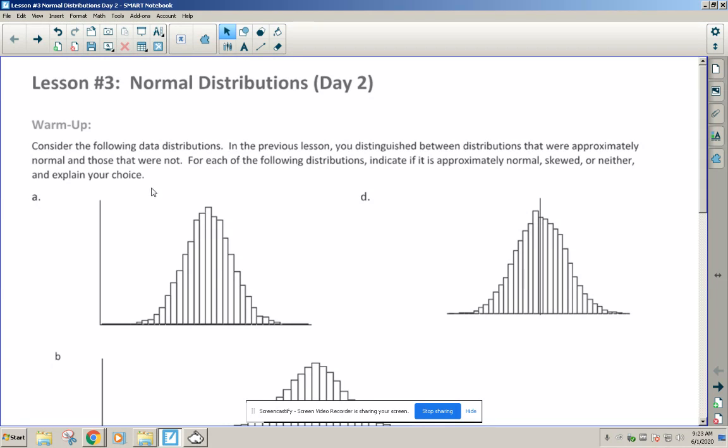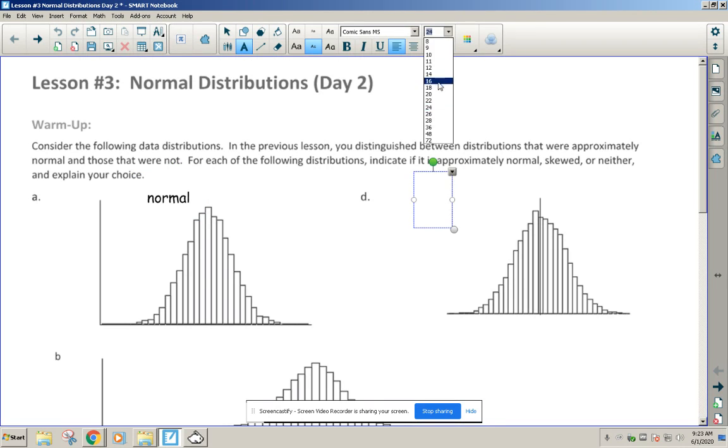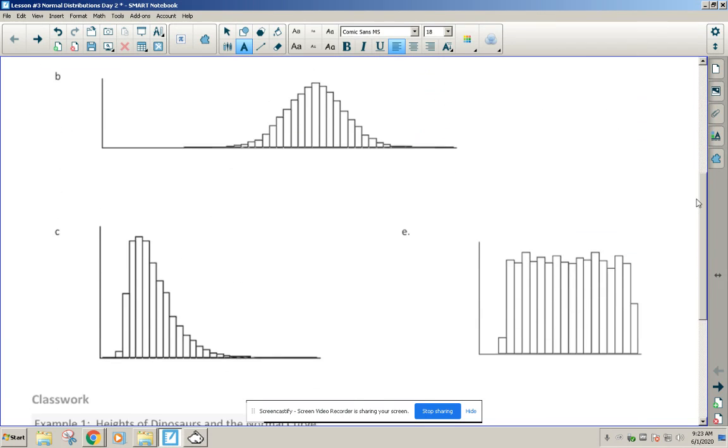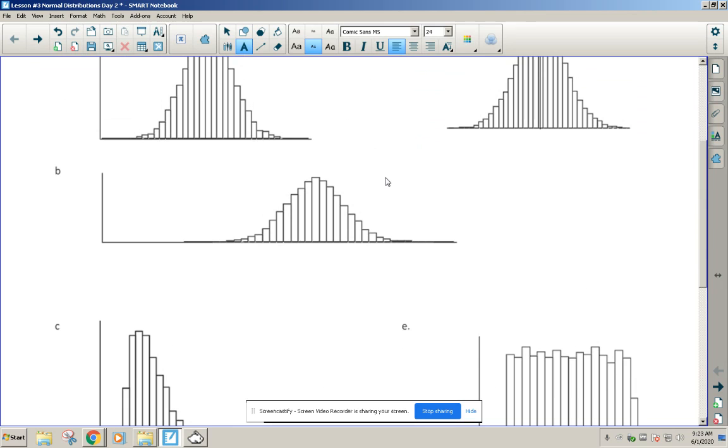Okay, so A, this was a normal distribution. And just because it's showing, letter D would also be considered normal. If we look down the page, letter B would be considered a normal distribution.